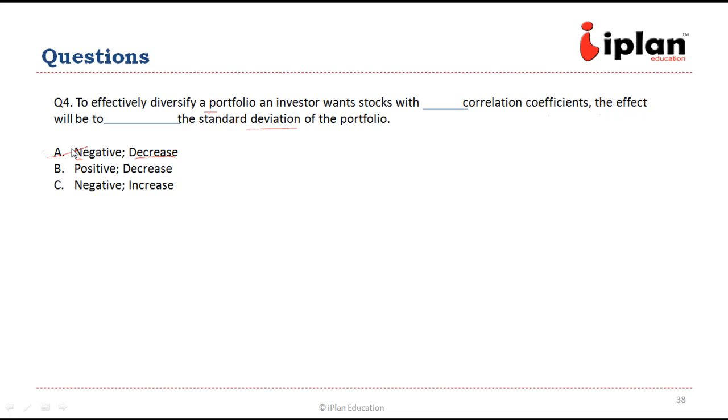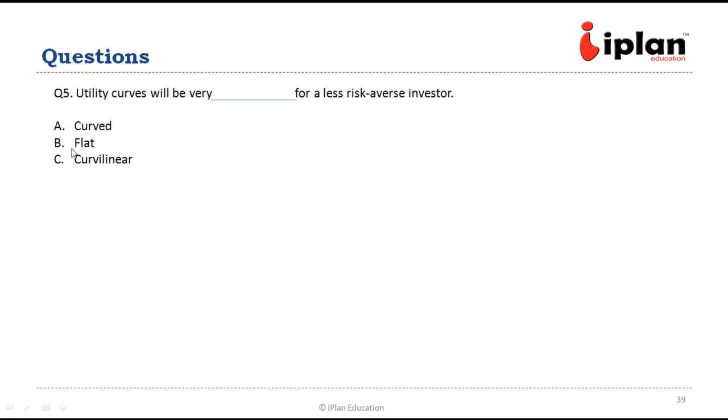Let us move to the next question. It says, utility curves will be curved, flat or curvilinear for a less risk averse investor. We know for a risk averse investor, the indifference curve will be upward sloping and the slope will keep rising, for a risk averse investor who wants more premium in return for more risk.